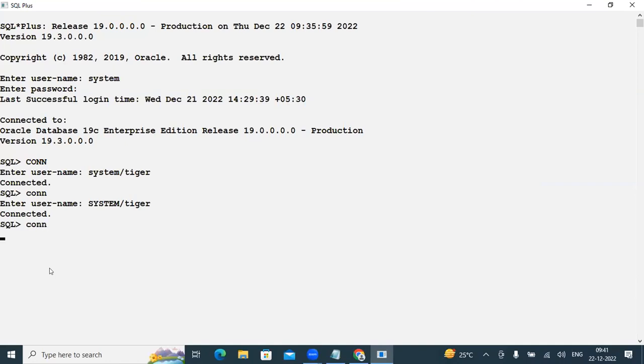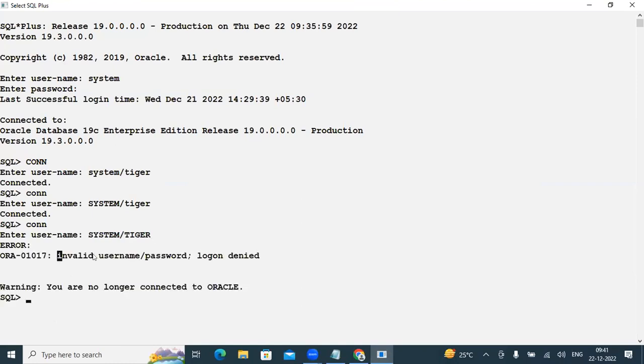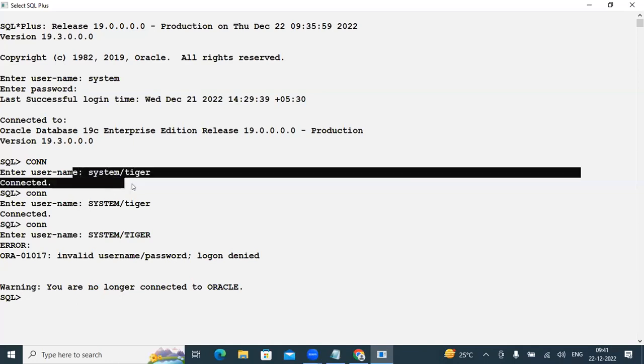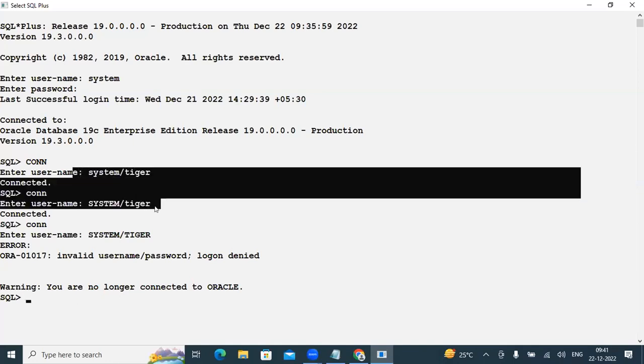But if I give the password in capitals as well and execute, it shows invalid username. So in these two, only the password is case sensitive. Remember that point whenever you create your passwords.